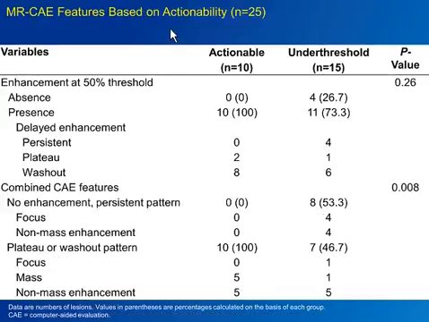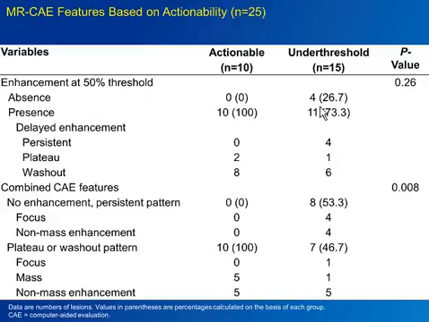As for MR-CAE features in 25 cases, 4 cases were not enhanced with a 50% threshold, all in the under-threshold group, and their lesion size ranged from 0.4 cm to 0.7 cm.